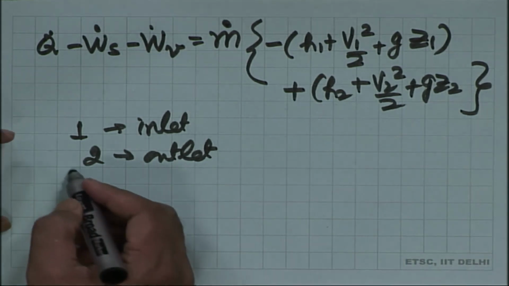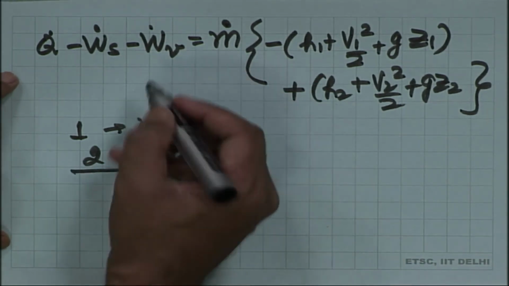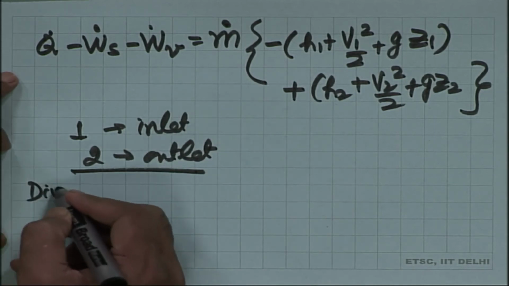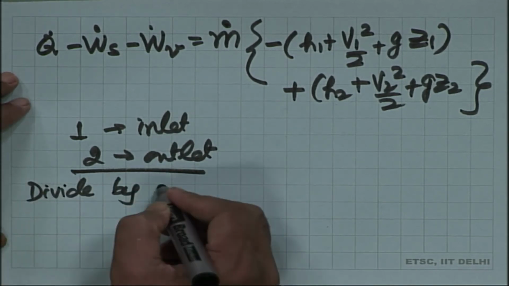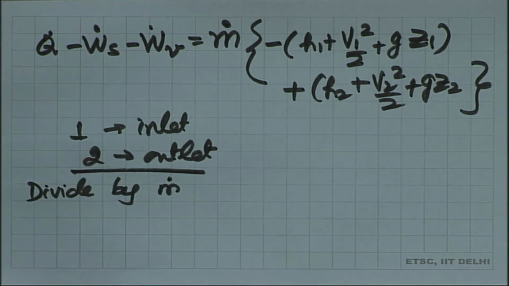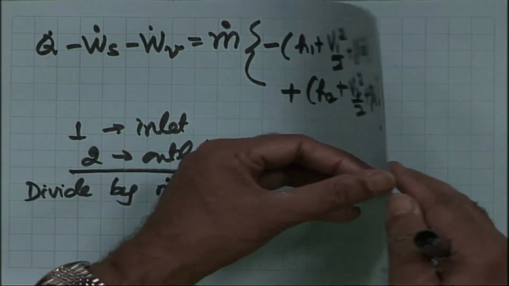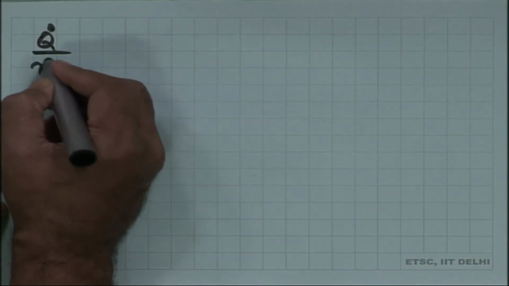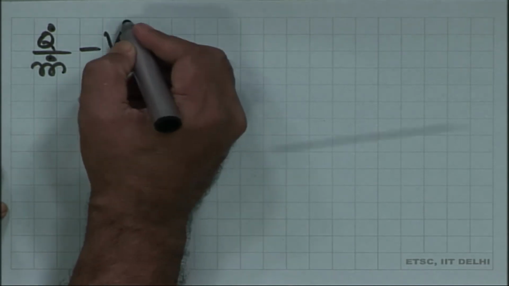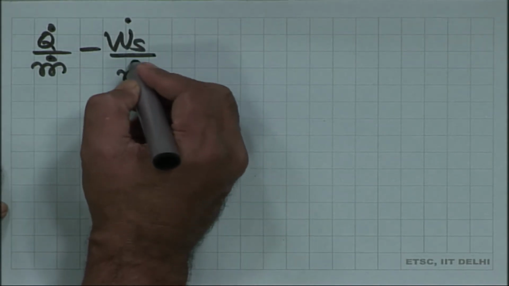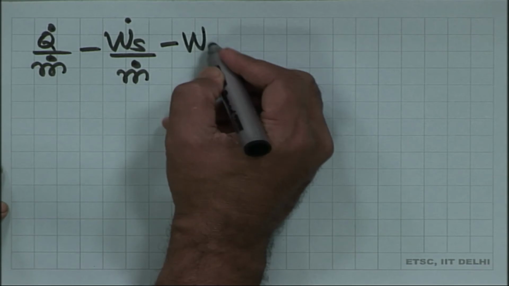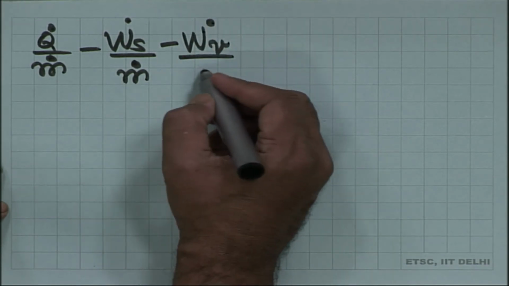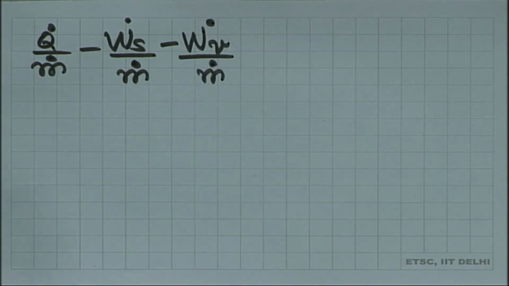So, in this one inlet, one outlet, we can also now divide the whole equation by m dot. What we will get is q dot divided by m dot minus the shaft work divided by m dot minus the viscous work done divided by m dot.